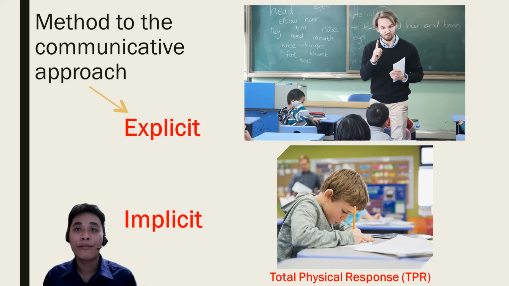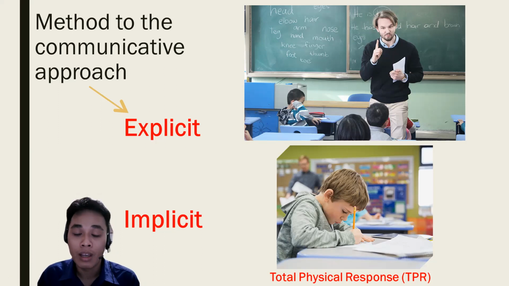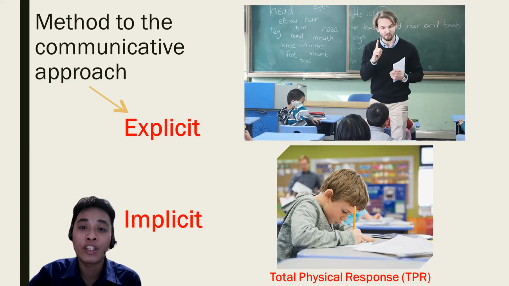An explicit form is when the teacher explains to the students all grammar rules, and provides students with the form and the meaning of grammar items, and explains the usage in detail, and makes conventional grammatical rules clear. For example, we teach them the simple present tense.